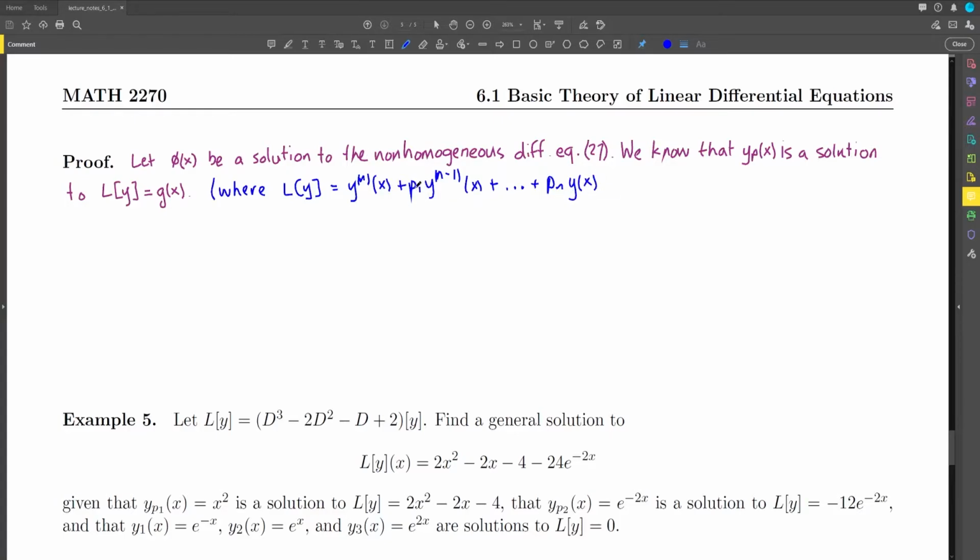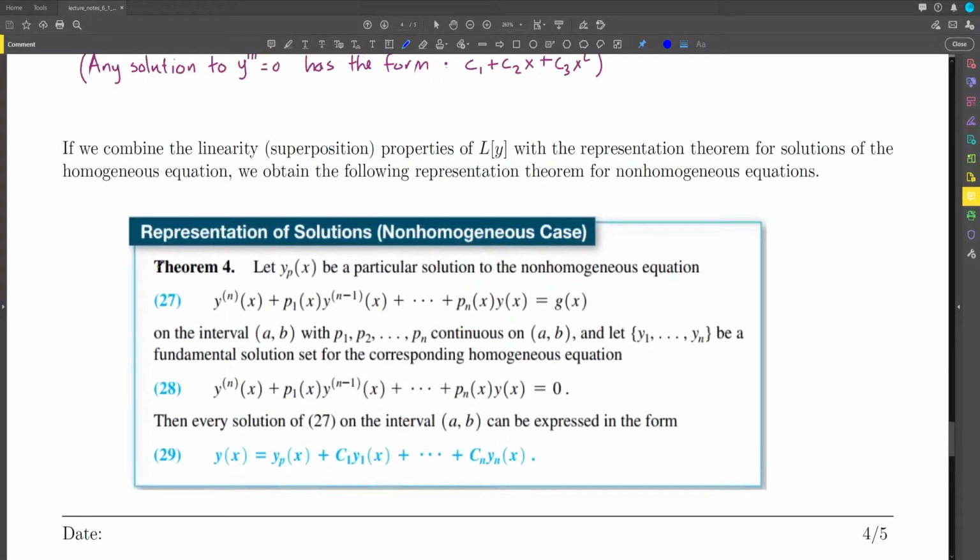And here p1 and pn are also functions of x. So this is just a shorthand notation to rewrite that equation 27.